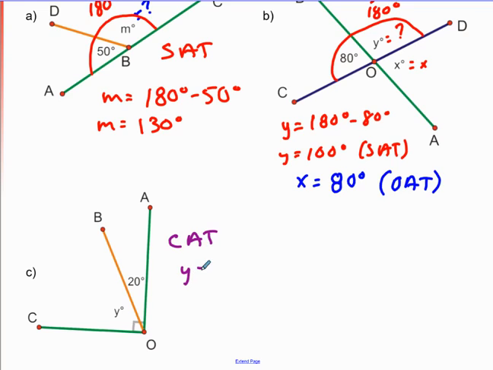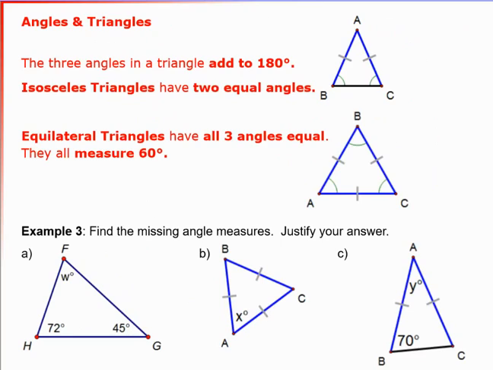So y is equal to 90 degrees, that's what the whole thing should be, minus 20 degrees. 90 minus 20 is 70 degrees. So y is equal to 70. Okay, and that's how these problems can be worked out.